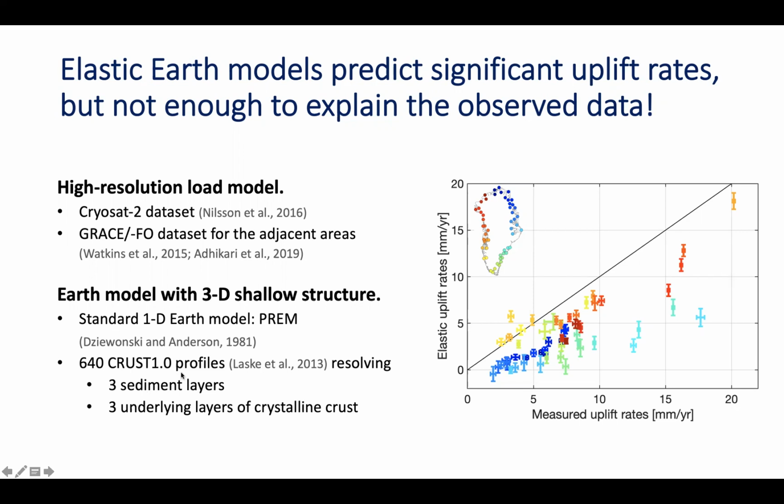It is arguably much better than PREM, because it relies upon much denser teleseismic sampling, and it can resolve 3 layers of sediments and 3 underlying layers of crystalline crust. But the main upshot here is that the impact of the three-dimensional Earth structure is really minimal compared to the uncertainties associated with the surface load.